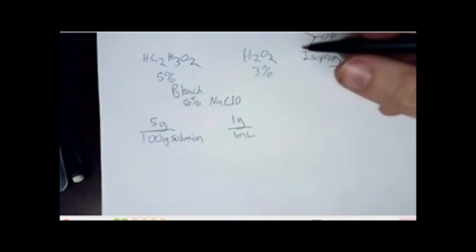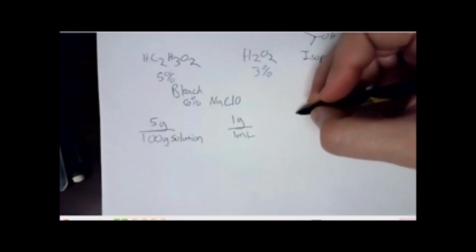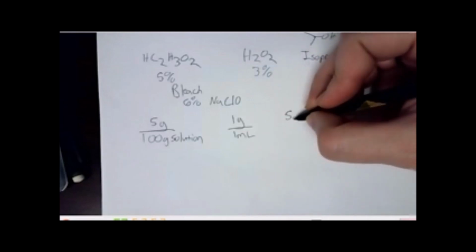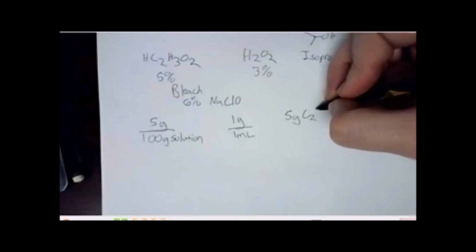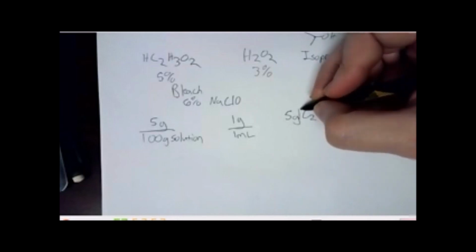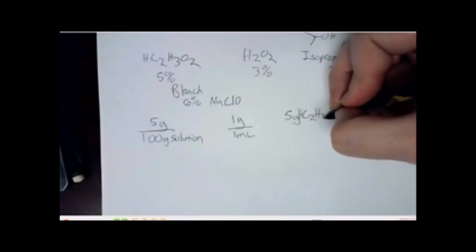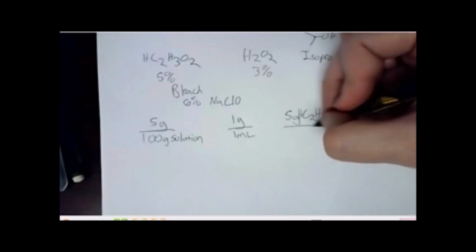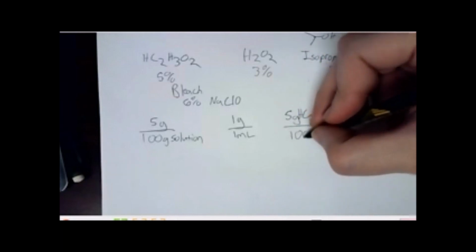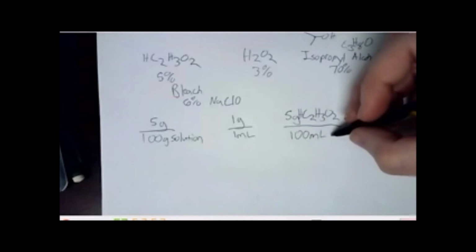That the basic density of water is that for every 1 gram of solution, we have 1 milliliter of solution. So that means we have 5 grams of HC2H3O2 per 100 milliliters of solution.